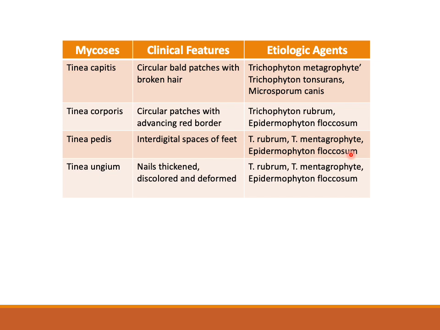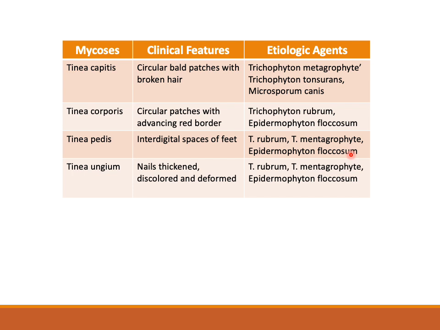Tinea pedis or athlete's foot is usually located in the interdigital spaces of the feet or in between the webs of the toes. That's the usual site, although it can extend further into the surface of the foot, the dorsal portion of the foot.